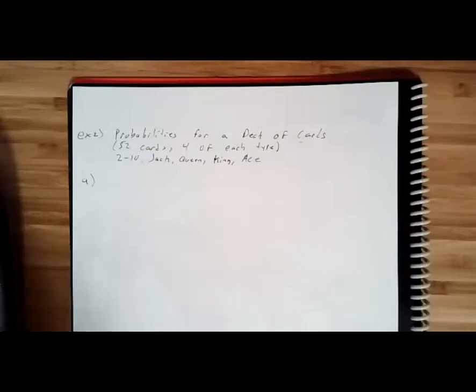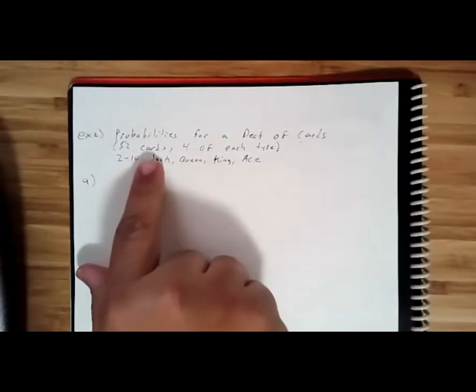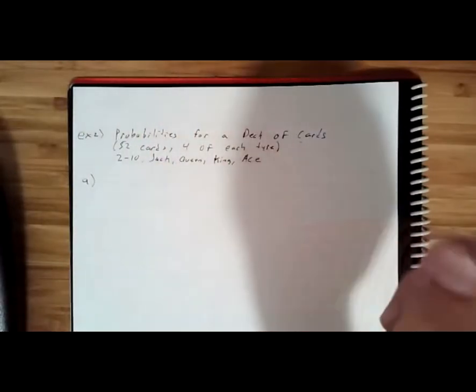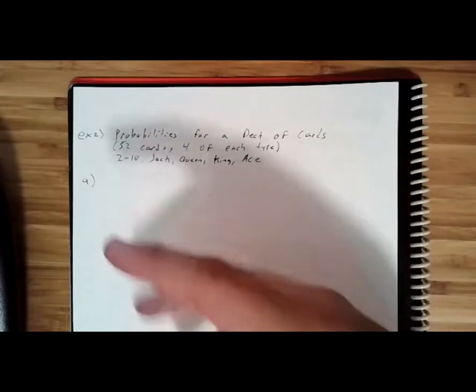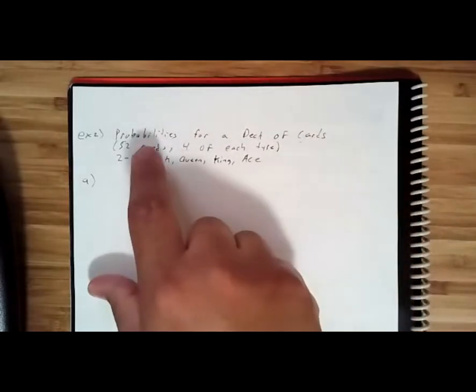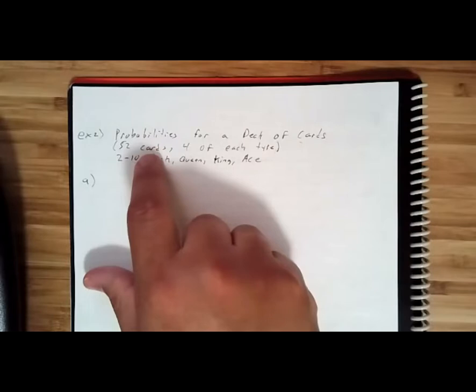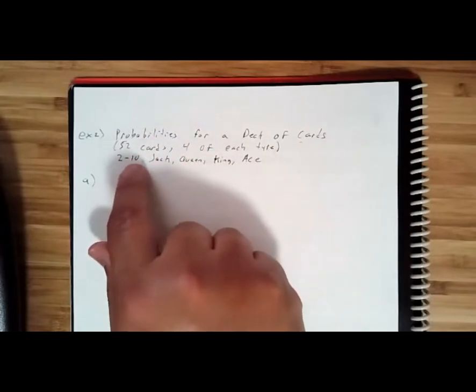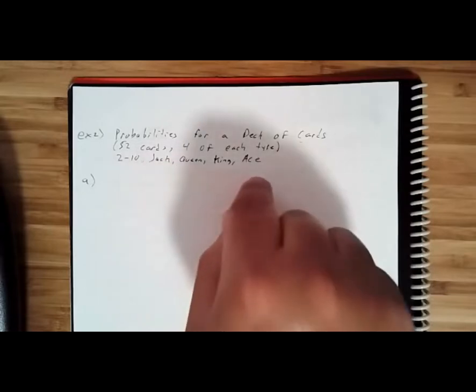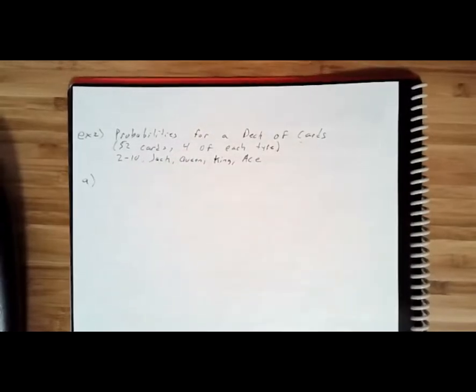Okay, so let's do probabilities for a deck of cards. 52 cards. I'm hoping everyone's played with cards, but if not, you may want to pull out a picture of all the cards. Just in case, there's 52 cards, 4 of each type: 2 through 10, Jack, Queen, King, and Ace. Let's do number 1.